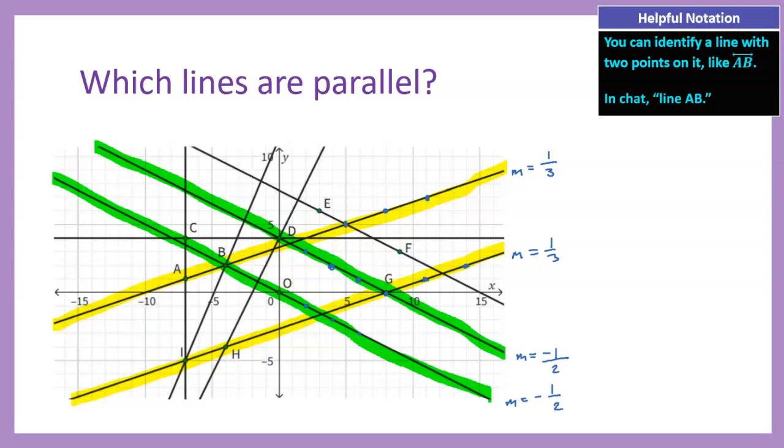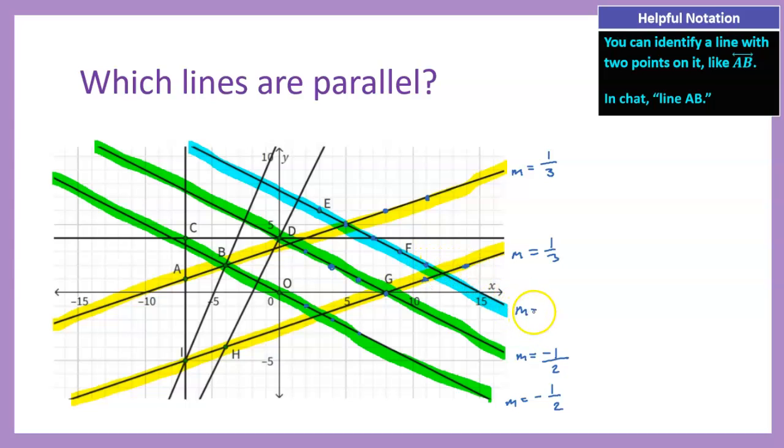Do you see any other parallel lines here? What about EF? Does EF have any parallel lines? Let's look at some points here. There's a point, there's a point, there's a point. Down 1 over 2, down 1 over 2, down 1 over 2.